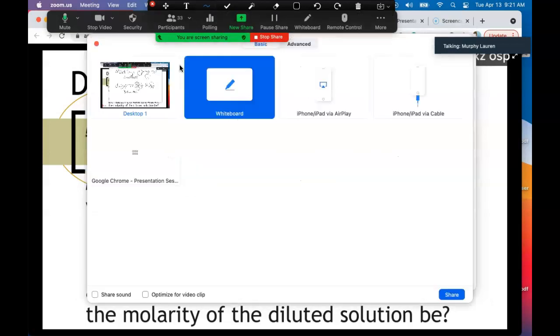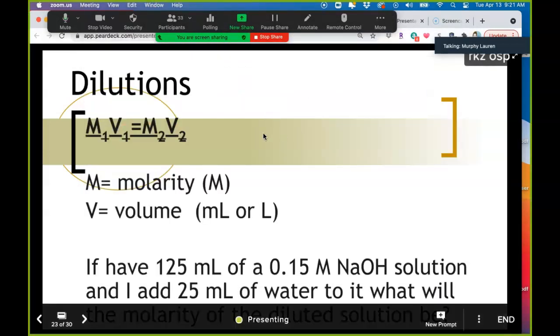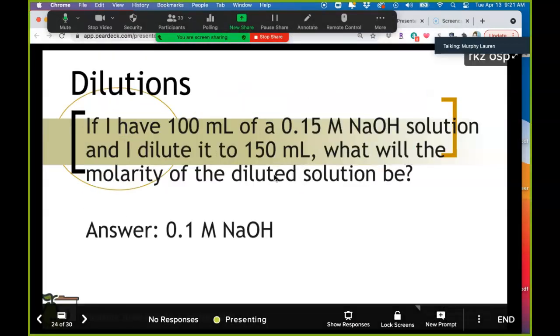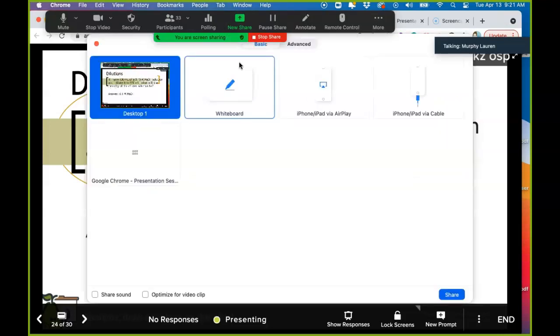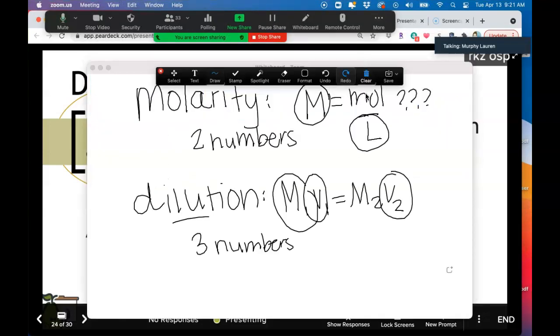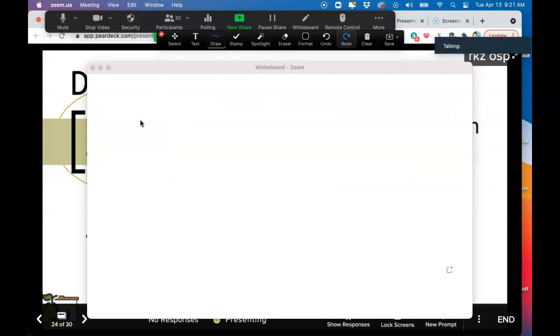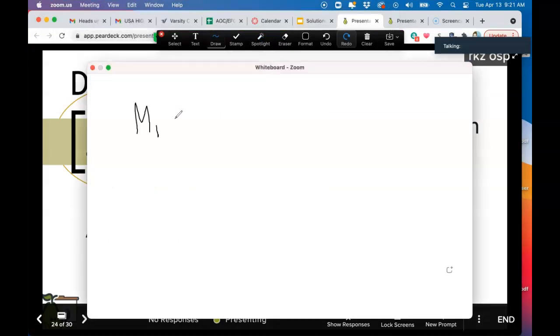Okay, so try another practice one. And this one's going to have a little bit different wording. So this problem says you have 100 milliliters of a 0.15 molar sodium hydroxide solution. So let's do our M1, V1.